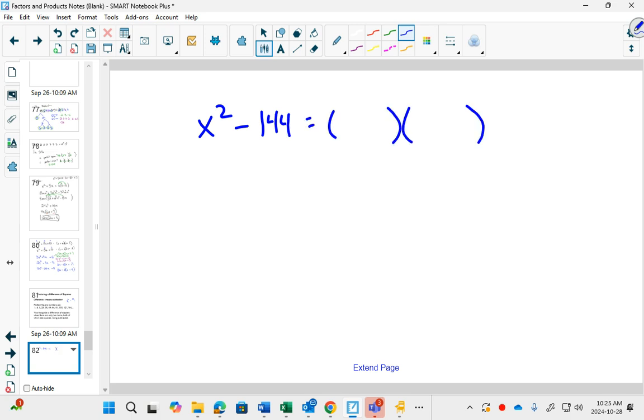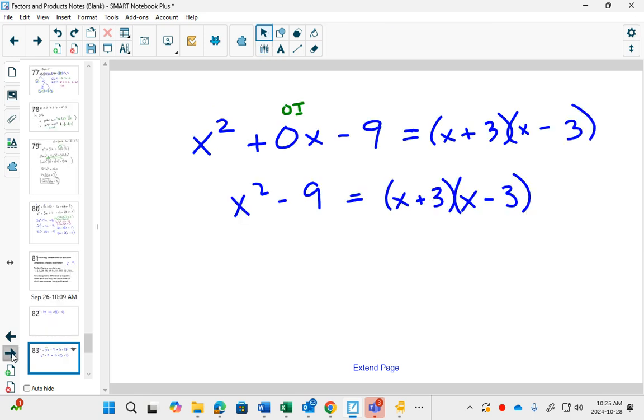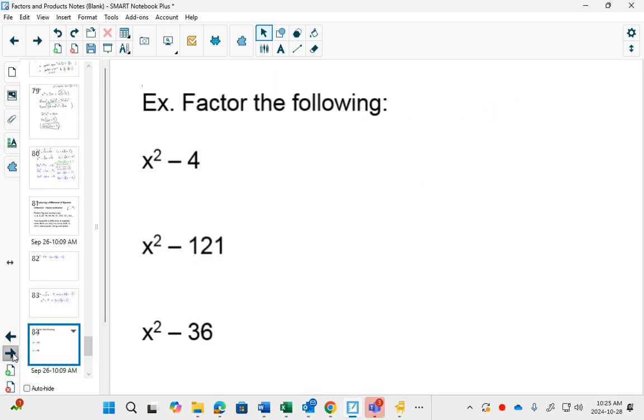Do you recognize 144 is 12 times 12? So then this is going to be x and x, 12 and 12. One's going to be plus, one's going to be minus. And you see that your outside and inside would cancel each other out and you have no x's left. So factoring a difference of squares, in my opinion, is one of the easiest things to do if you recognize it.